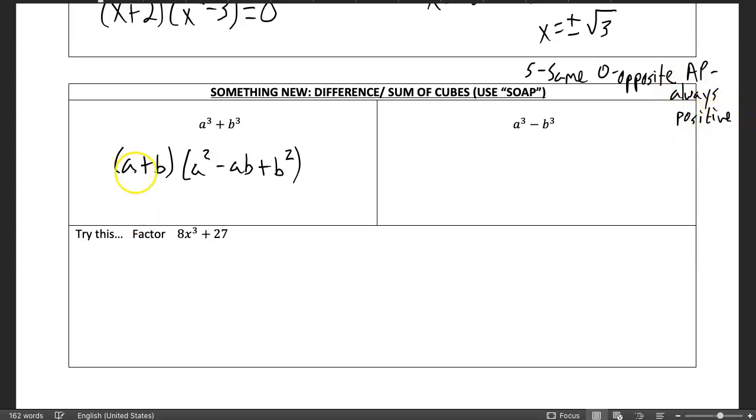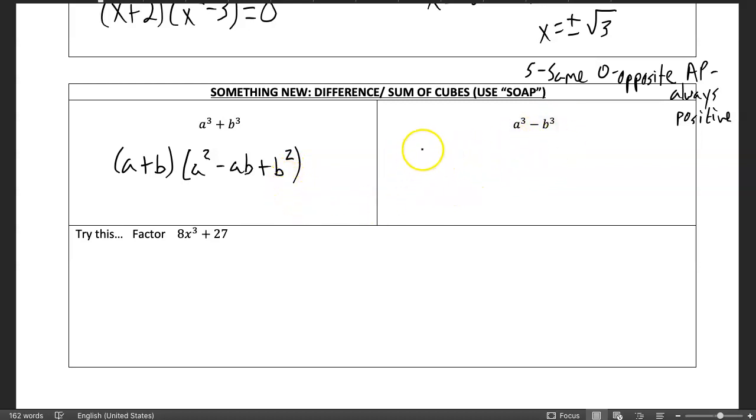So if we remember SOAP, all we need to remember is it goes A, then B, and then we multiply that to A squared, we combine the two terms, AB, and we have B squared. Our term is plus, so we have A plus B, times A squared minus AB, and then our last sign is always positive, so it's plus B squared.